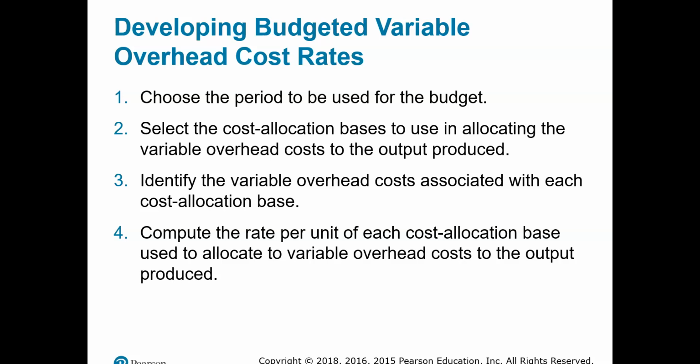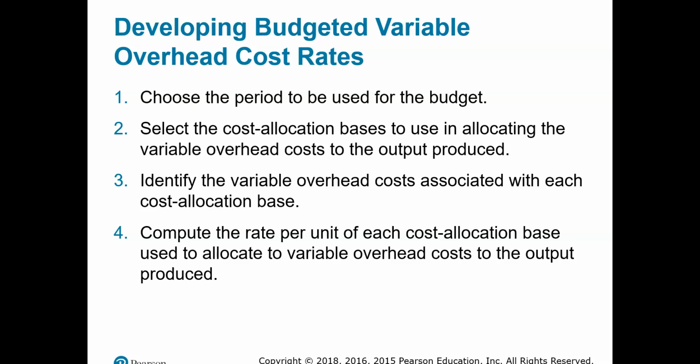Remember, the best period to use is a year. Why? Because we smooth out seasonal production and the costs associated with that, because sometimes we're going to incur more overhead costs in certain months than in others.